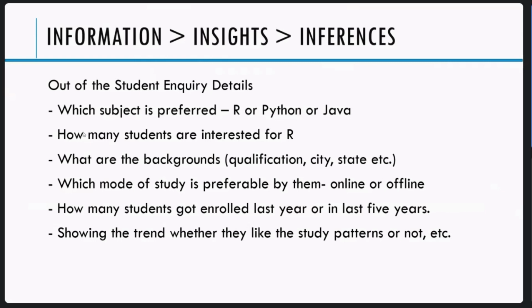For example, here I have demonstrated a very simple, very common set of data regarding student enquiry. So when student enquiry details come to you, you will get to know all these insights out of the data. What are the insights? The insights are which subject is preferred.